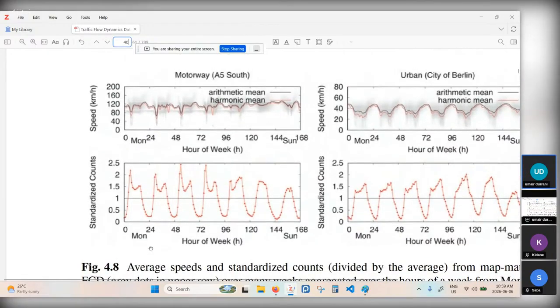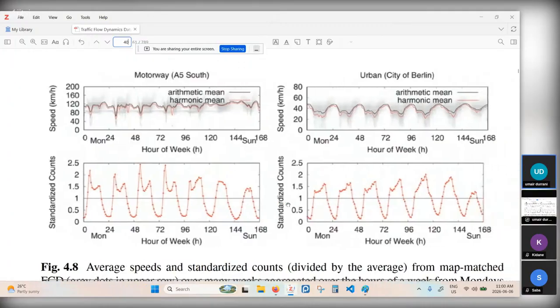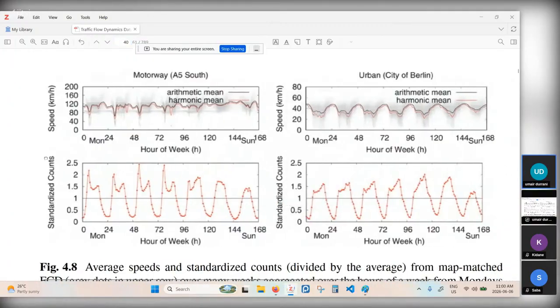We also see standardized counts of the vehicles. So this is counting how many floating car data points we got, and then dividing it by all the number of floating car data points for the entire time series. That gives us the standardized counts. So this is telling us that on weekends, Saturday and Sunday, the peak is smaller than on the weekdays. Obviously, there's less travel here. And also notice here that these two plots are for motorways and these two are for the city.